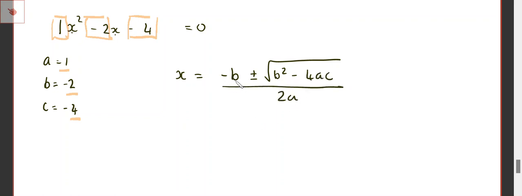So I replace this b with negative 2. Remember, I use brackets, so minus (minus 2). Now that's important, because b is minus 2, I have to have minus whatever b is.